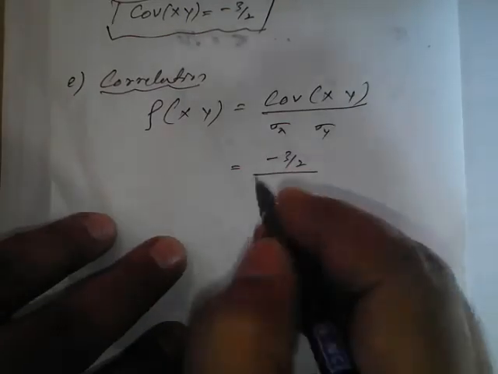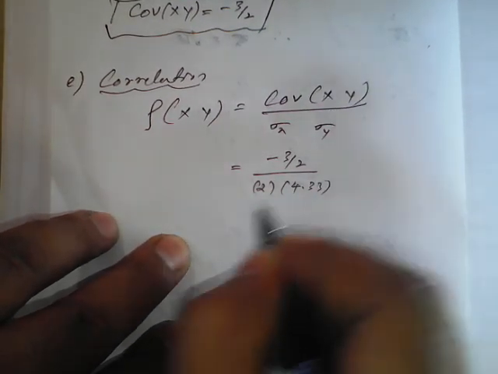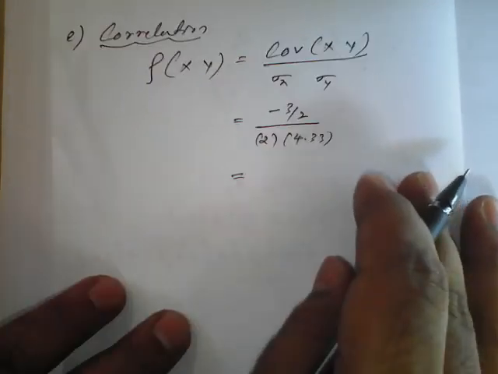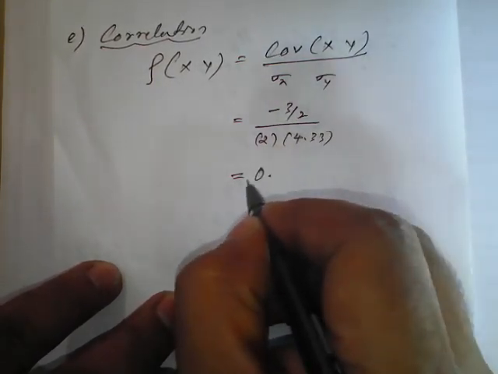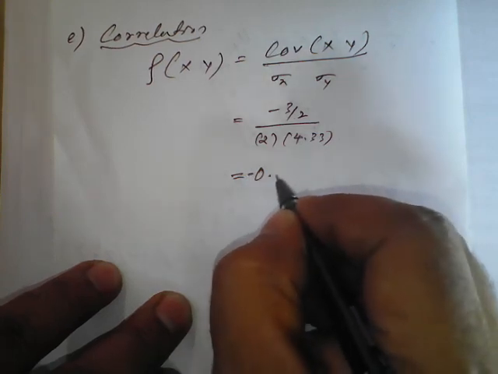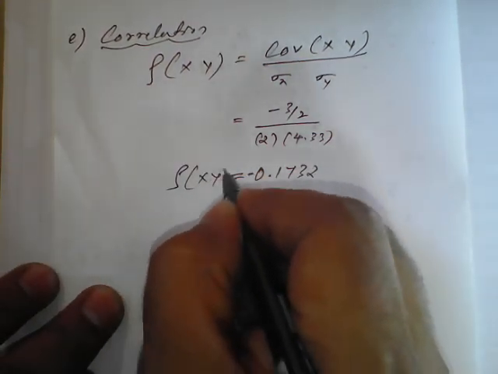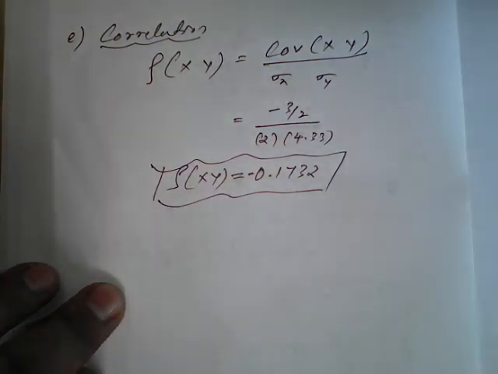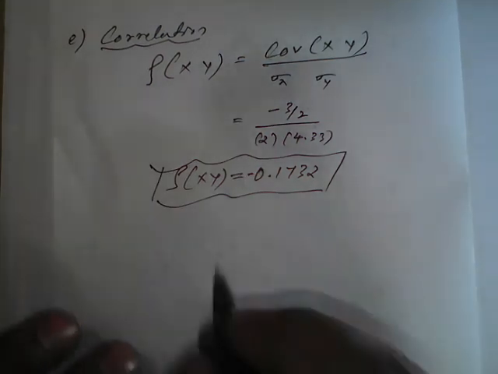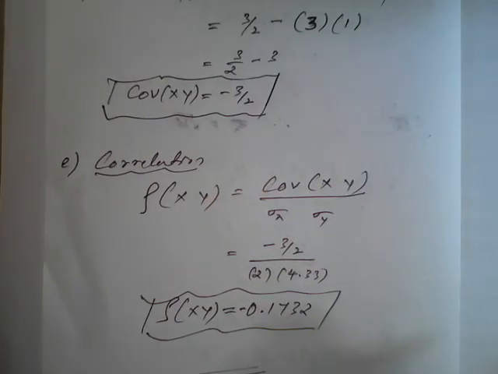So it is 2 into 4.33, and you will see that the result is minus 0.1732. This is the correlation of xy. In this way we have to complete the problems based on joint probability distribution.